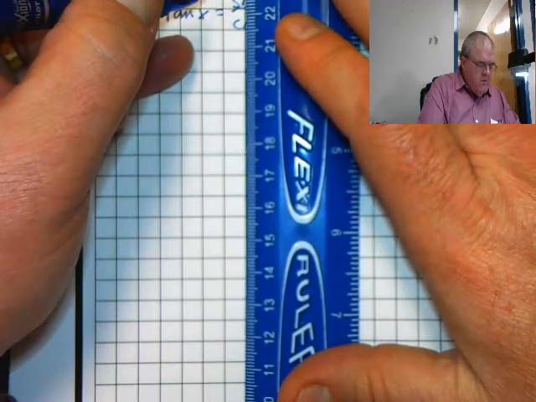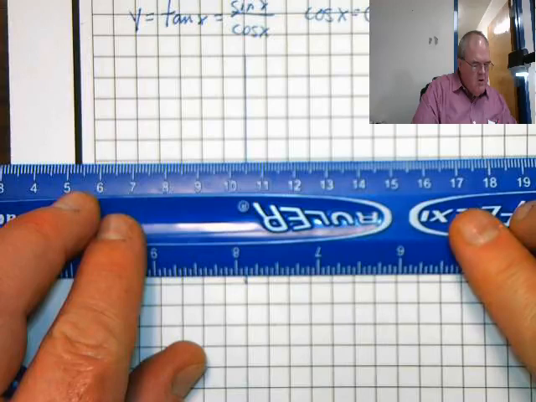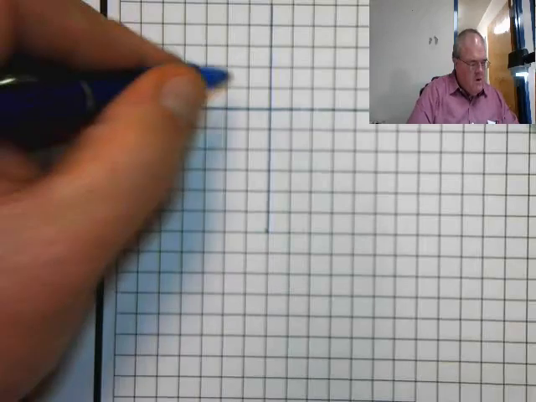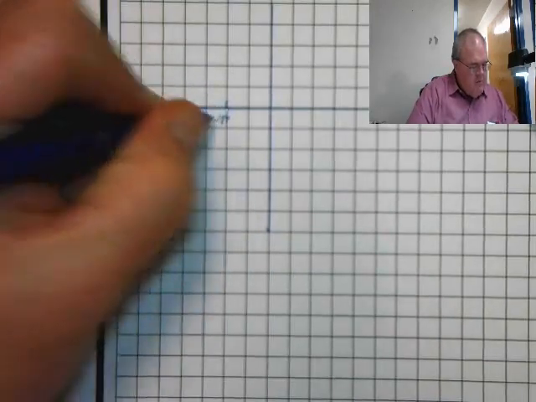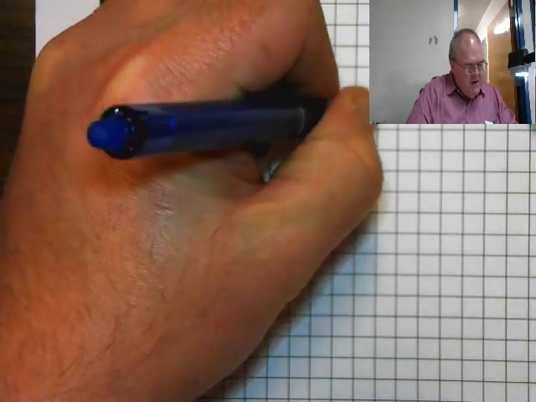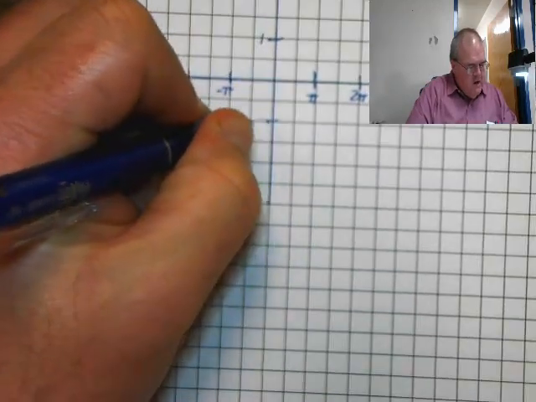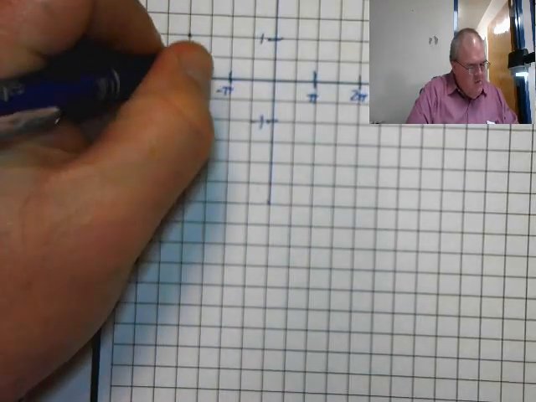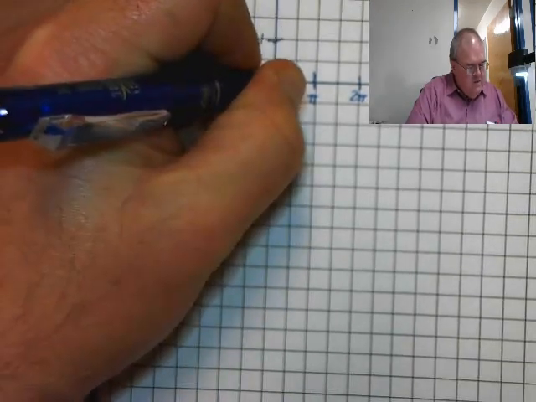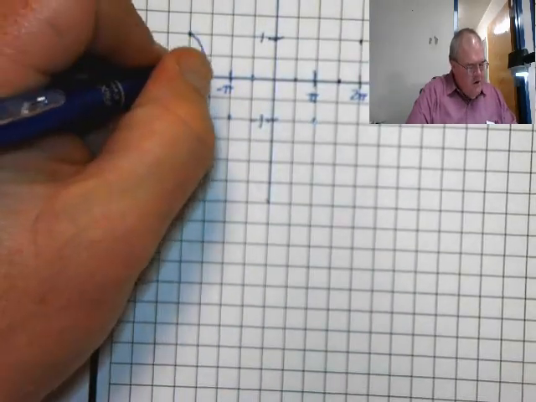So I draw my graph. And I'm going to have negative 2 pi, pi, and 2 pi. So if I say here's 1 and here's negative 1, I'm going to have 1, 0, negative 1, 0, 1, 0, negative 1, 0, and 1 as my points.